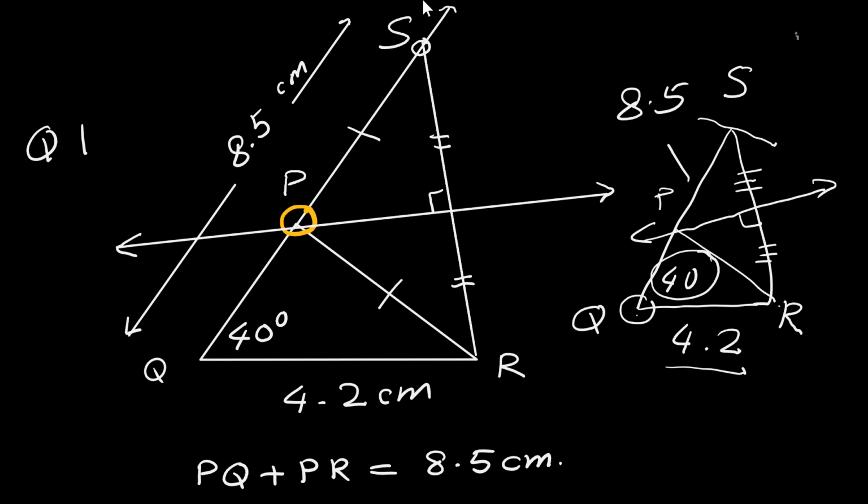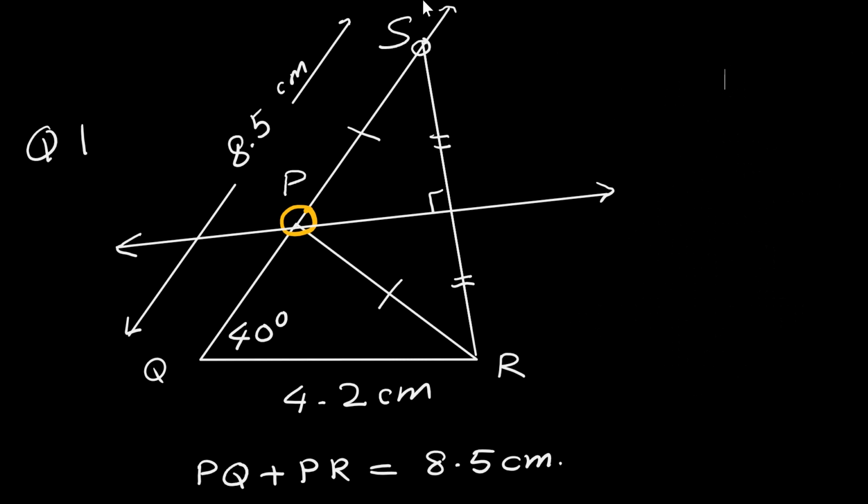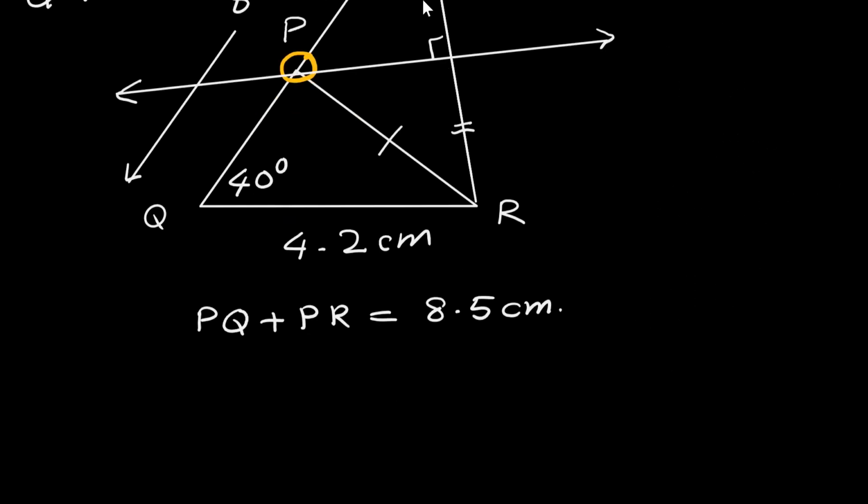So now I'll explain this construction again, and then one by one I'll explain the steps and we'll complete the construction. So step number one is, don't construct now. What is step number one? Construct segment QR of length 4.2 centimeters.